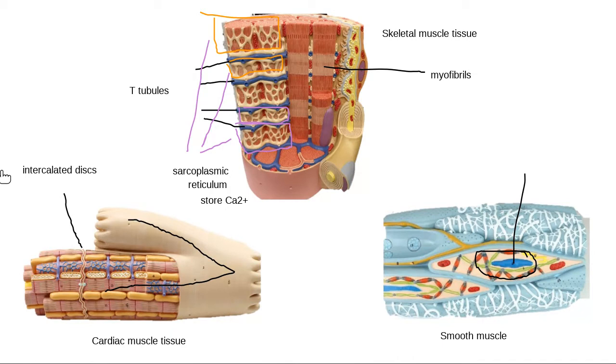Otherwise, I think there are a few others that are more worth our time to talk about together. So don't forget to learn about those specific terms that we use for parts of a muscle cell. One of them that we already talked about is that Sarcoplasmic Reticulum that's storing and releasing calcium for us.